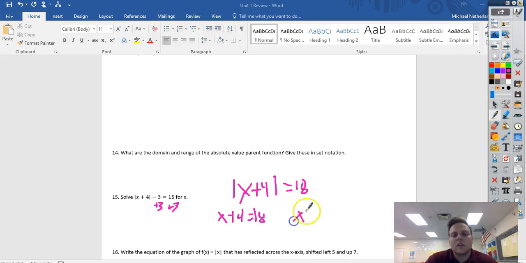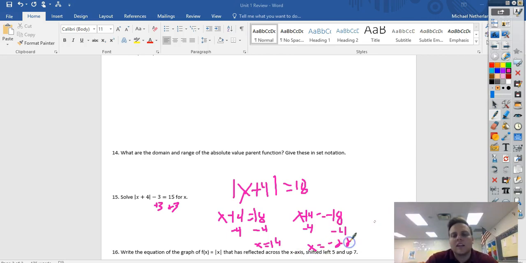X plus 4 is equal to negative 18. And then I can just solve for x. Subtract 4. So x is equal to 14. Subtract 4. So x is equal to negative 22.